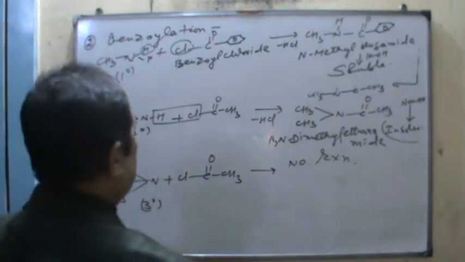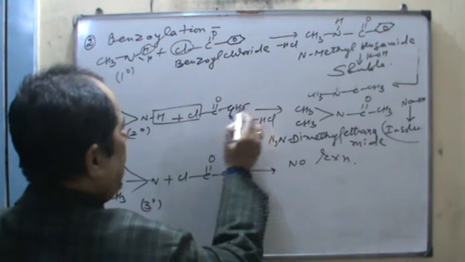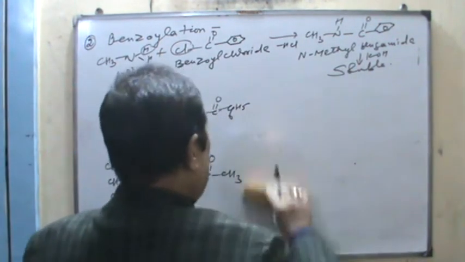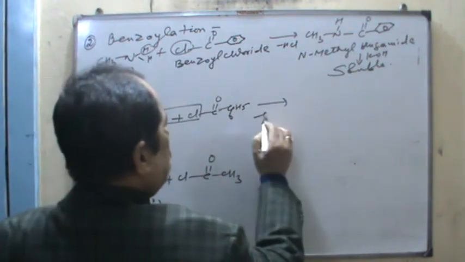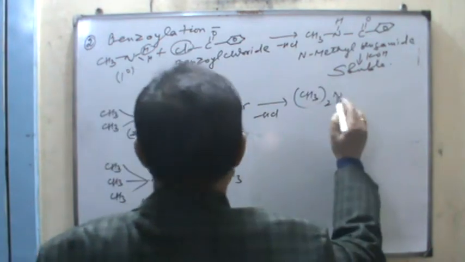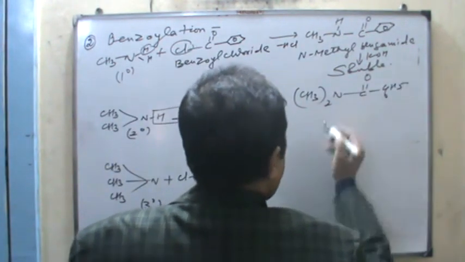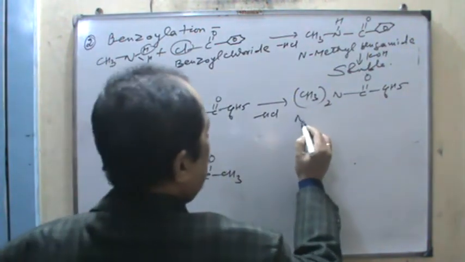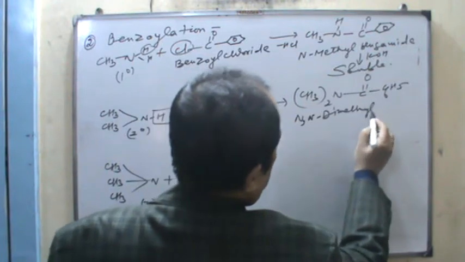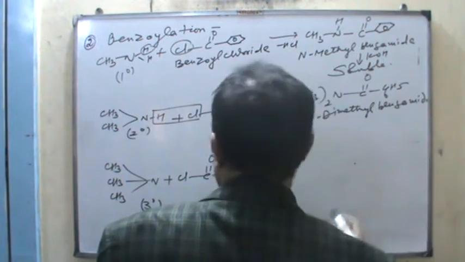If you take 2 degree amines, simply I take C6H5COCl, then HCl is lost here, (CH3) whole twice N, C double bond O, C6H5. It is N,N-dimethyl benzamide.